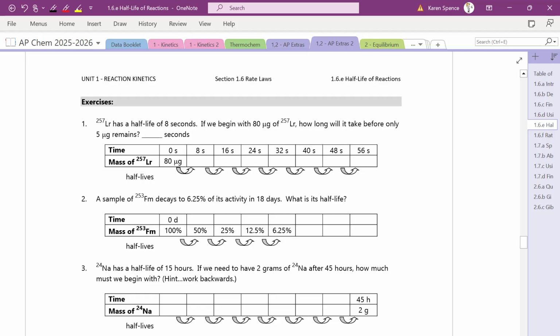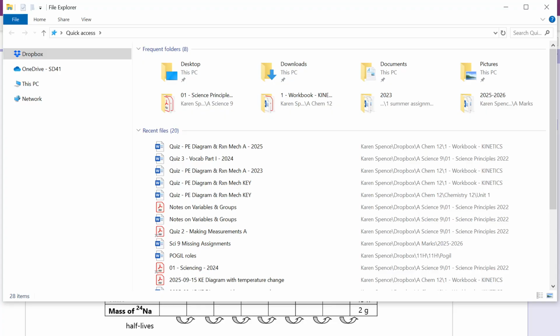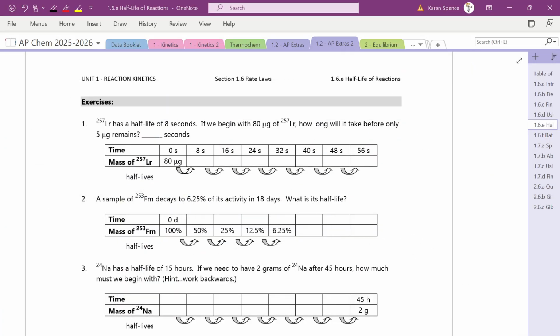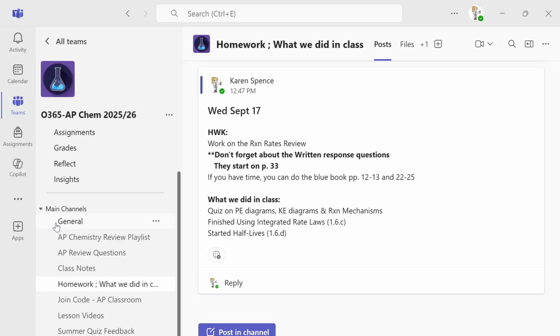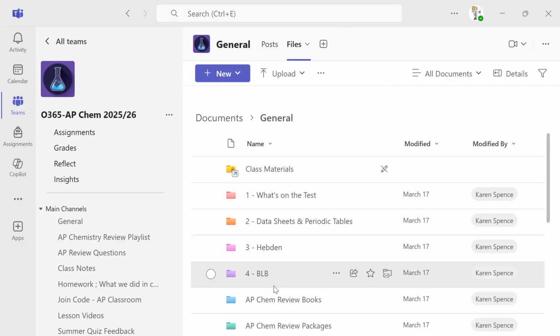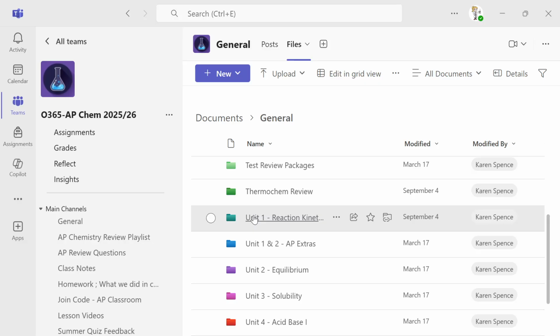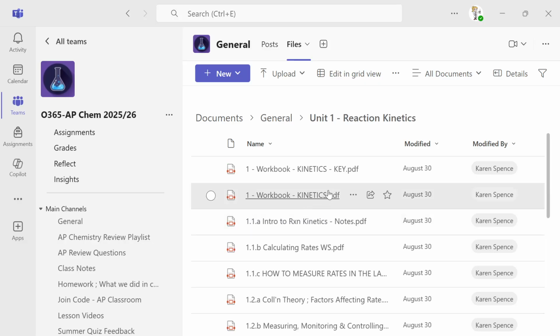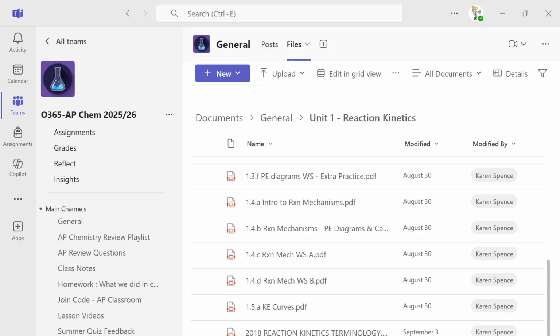Can you show me where the bulk of this is? Ah, yes. I think it's just in the regular file for that unit. Let's take a look. General files. Unit 1. Let's make sure it's here. Reaction kinetics terminology.